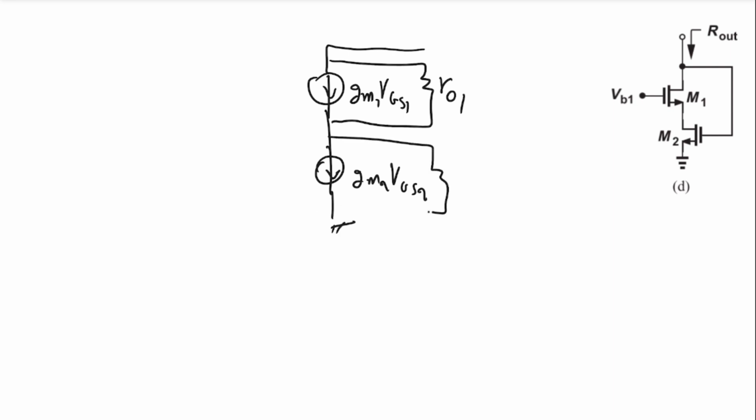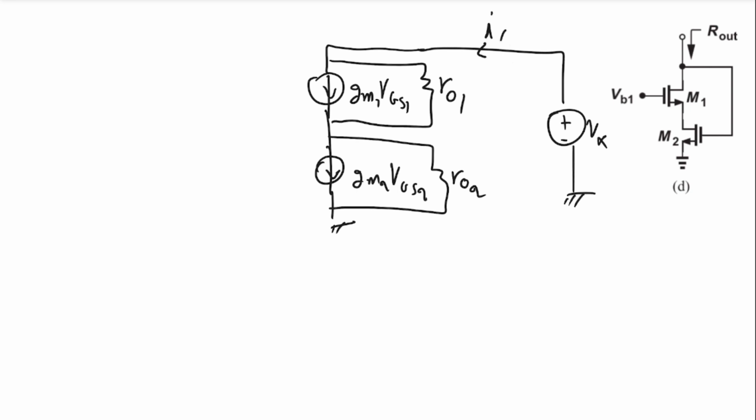There is a voltage source Vx and current Ix. Vgs2 is between the ground and the output, so Vgs2 is equal to Vx.